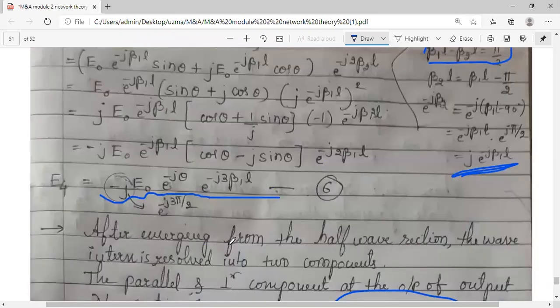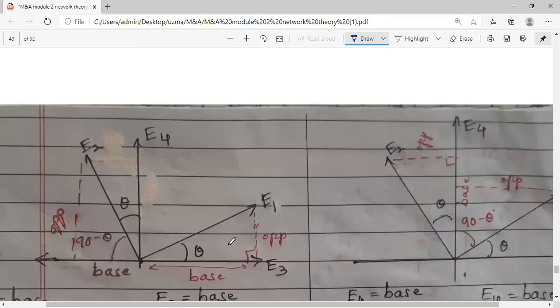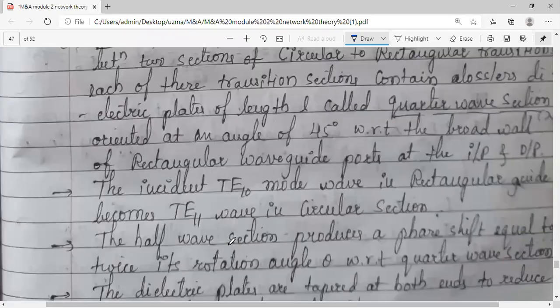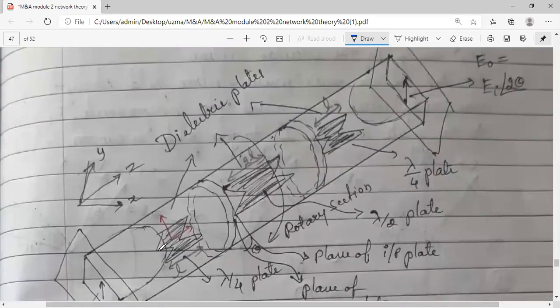so they are in phase to produce the resultant field, which is linearly polarized. Quickly let me show you the figure for the phase shifter. Inside, when it enters as TE10 mode, because it is a rectangular waveguide, in the circular section TE11 mode conversion happens. At the end again we have a transition from circular to rectangular. So again here I should get TE10 mode, because the output port is rectangular.